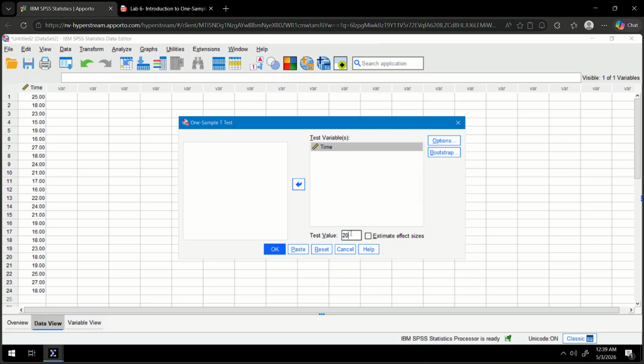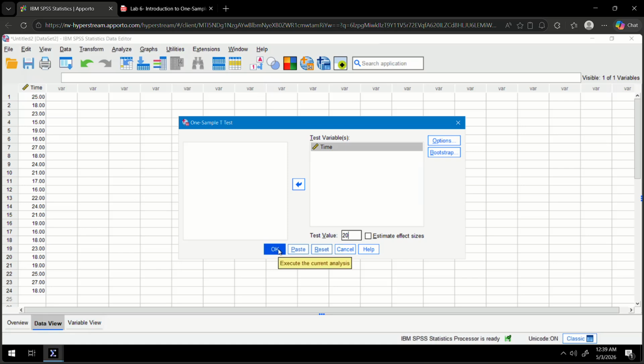The null hypothesis is that it's going to be 20 or less. The alternative is that it's going to be greater than 20. We're a competitor of Tom's Luncheonette, so we want Tom to be wrong, and we want it to take longer than 20 minutes to get served. 20 minutes is pretty quick to get served lunch.